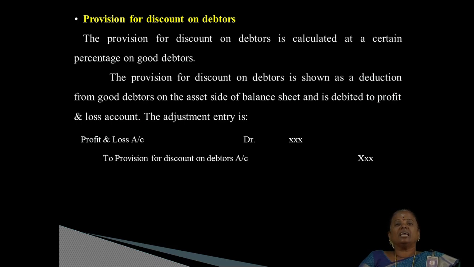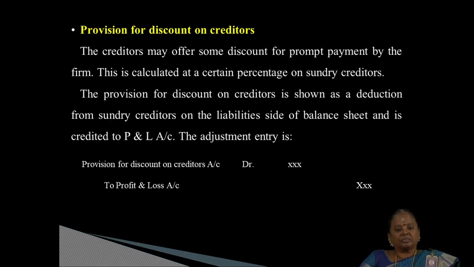So, it is an expense to the businessman. Hence, it is debited to the profit and loss account and deducted from the debtors on the asset side of the balance sheet. The journal entry for this one is profit and loss account debit to provision for discount on debtors account.